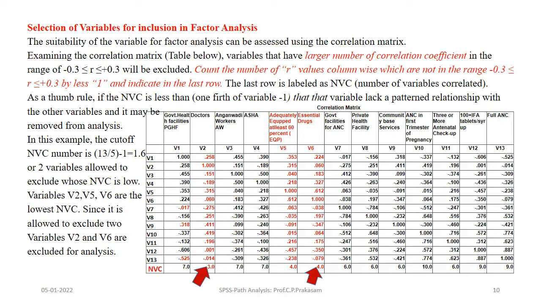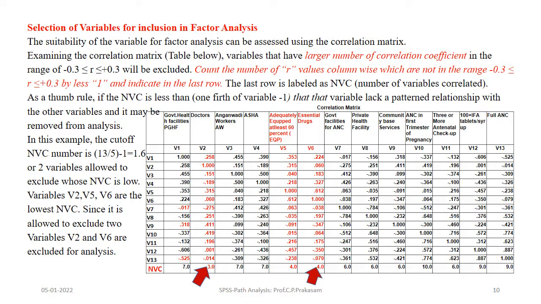Initially, you count the number of R, that is correlation coefficient values, column wise, which are not in the range of minus 0.3 to plus 0.3, less 1, and indicate that in the last row. You can see here in the last row, labeled as NVC, that is number of variables correlated.